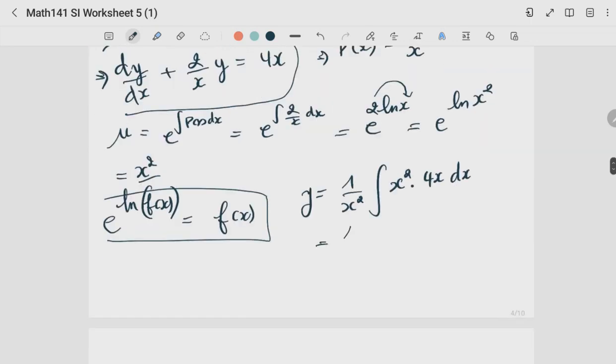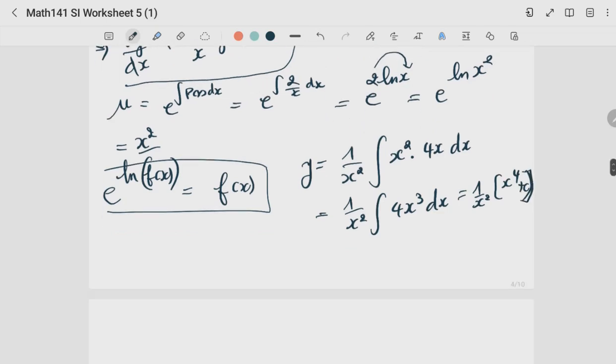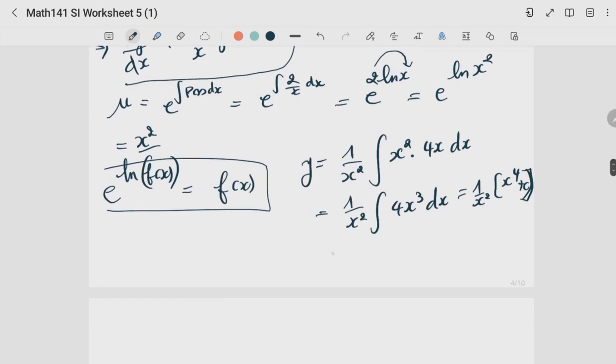That is just equal to 1 over x squared multiplied by the integral of 4x cubed dx, which is 1 over x squared multiplied by x to the 4 plus c, the constant of integration. And we can even leave it like that.